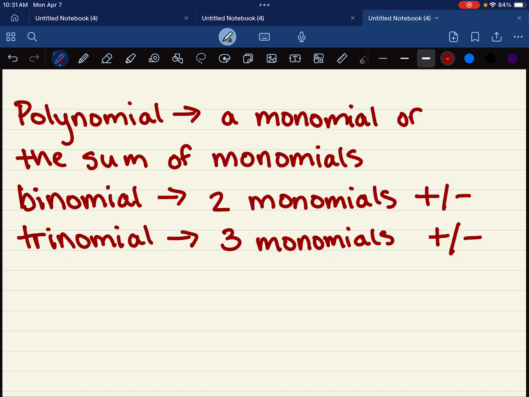Now, can there be more than trinomial? Yes. Okay. We would just say it has 4 terms, 5 terms, 6 terms. We don't have special names for those. So we'll talk specifically about monomials, binomials, and trinomials. Just waiting on a couple people, make sure we all have that written down before we move on.